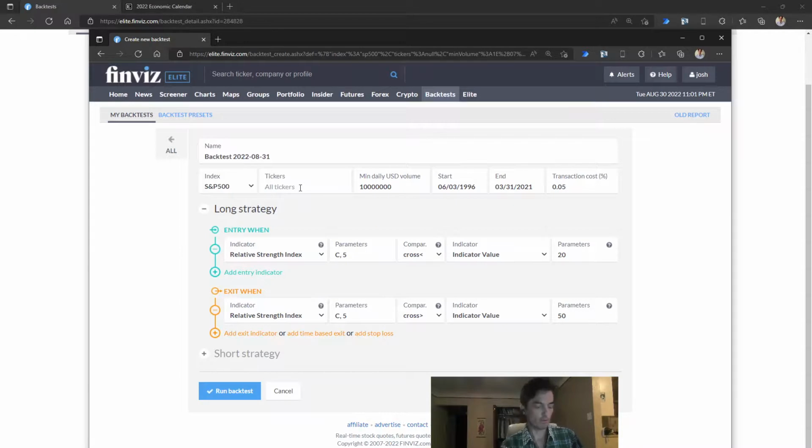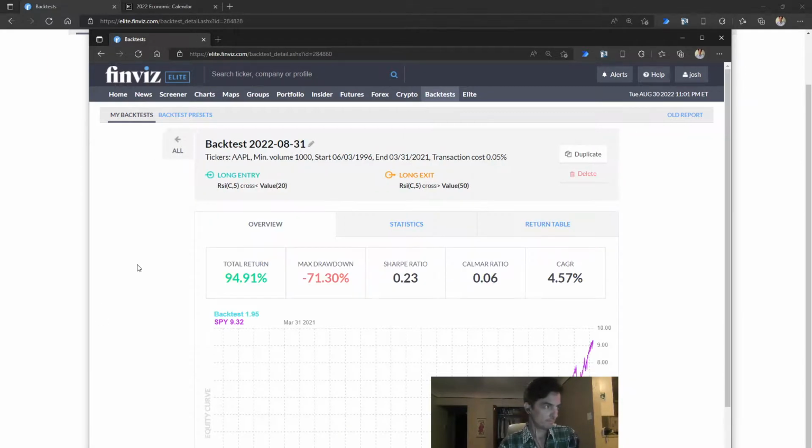I just want to go into this other thing where you can type a ticker. Okay, so 33, whatever. We'll turn down this volume. Now it's down to 94% when we chose Apple.